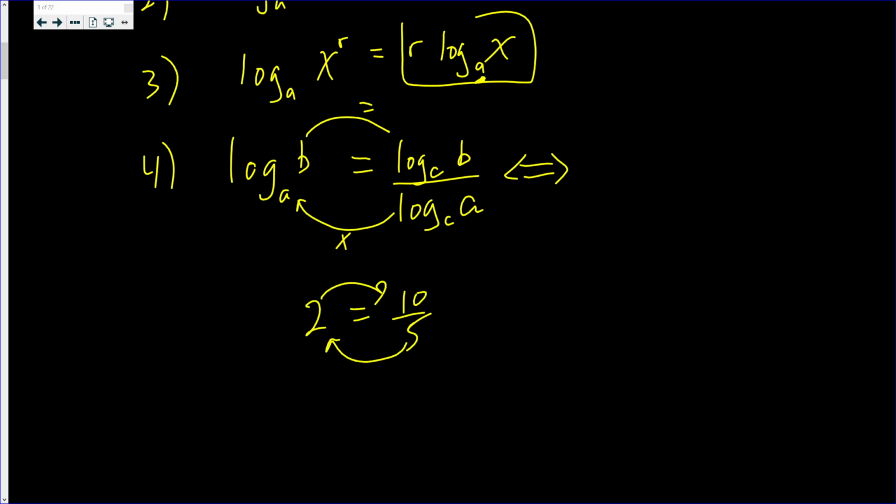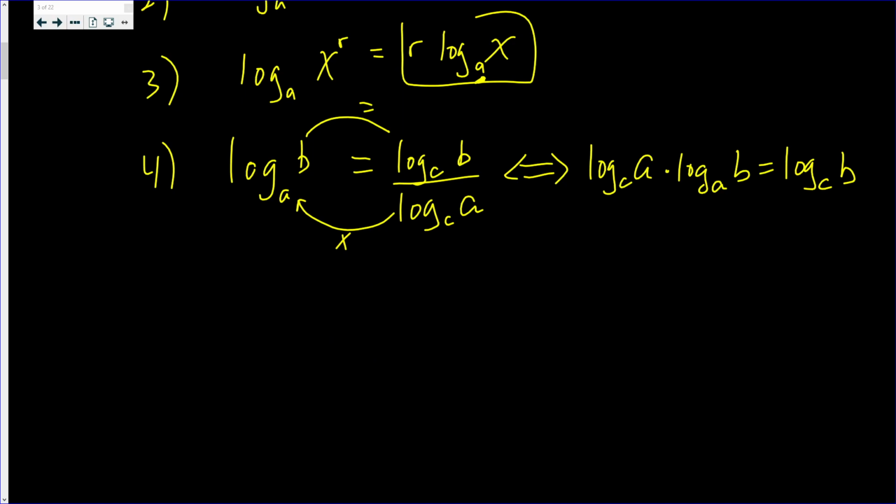So this is the same as log base c of a times log base a of b is equal to log base c of b. Now notice something. Those are the same. Let me write it down here.